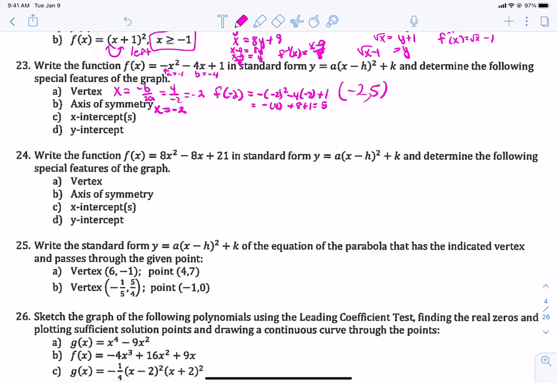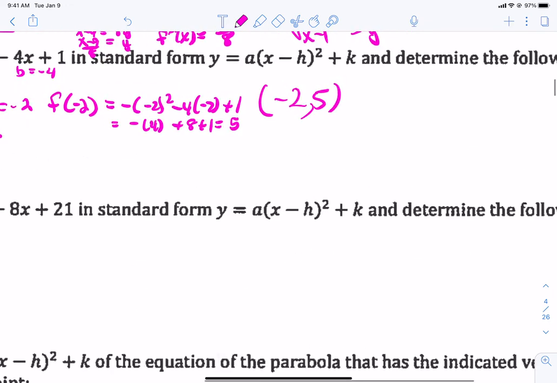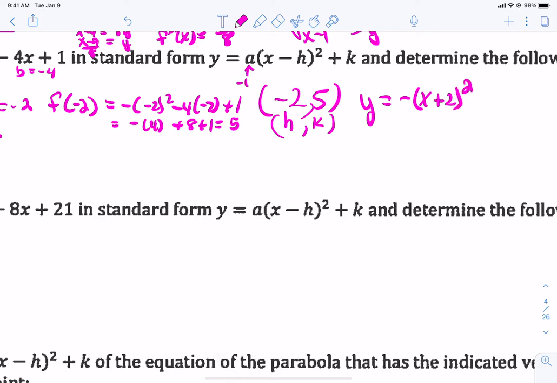But what we know, technically, is that's our h, k. So we know a, we found that earlier, that's negative 1. We know our h is negative 2 and our k is 5. So we know standard form. So we know negative 1, and you can write that as a negative symbol or the number negative 1, whatever floats your boat. And that's going to be x plus 2 squared plus our 5. Now let's analyze that for a minute. Our h changes sign.